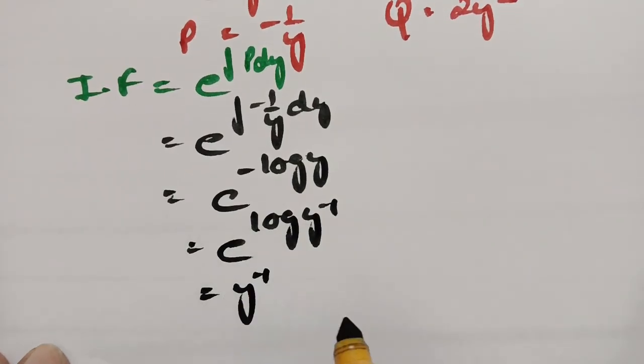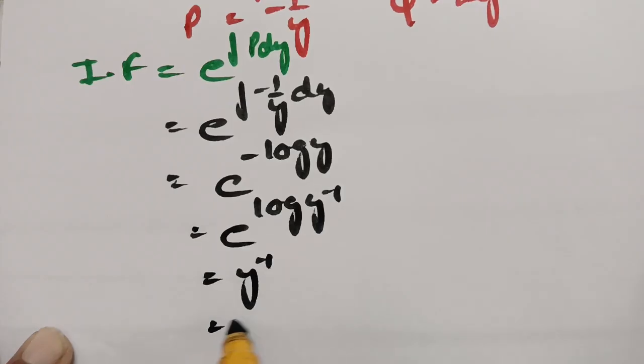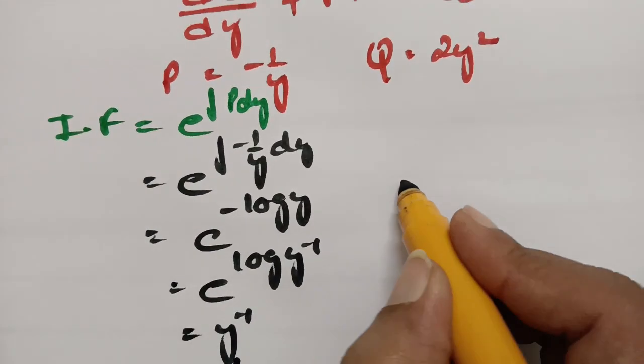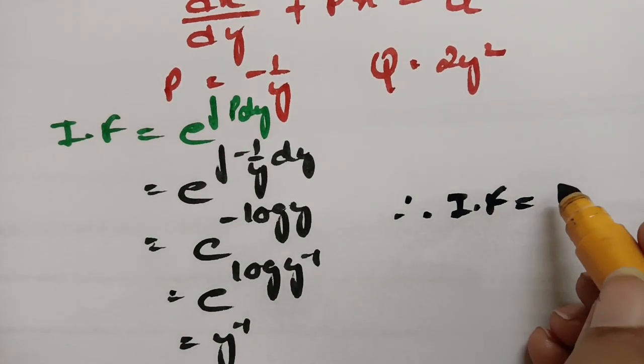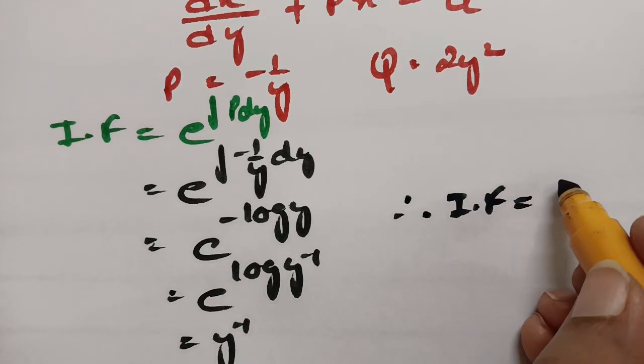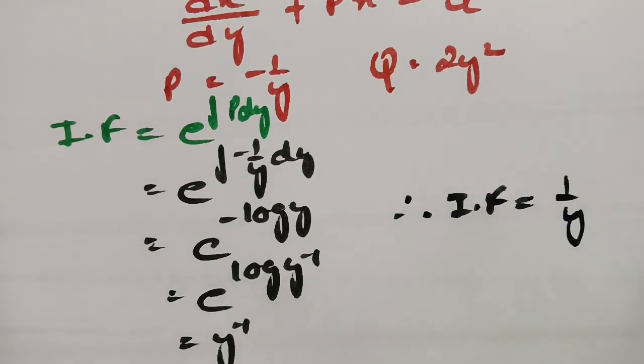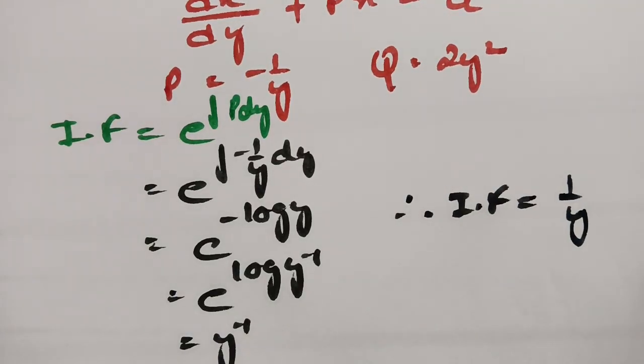So we got y inverse as the value, and therefore this can be written as 1 by y. So we got the integrating factor value as 1 by y, and therefore here is the solution formula.